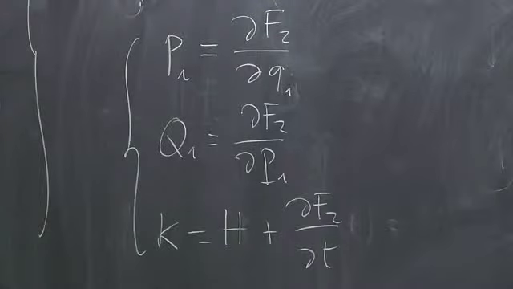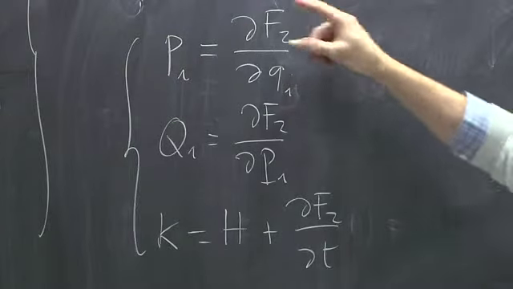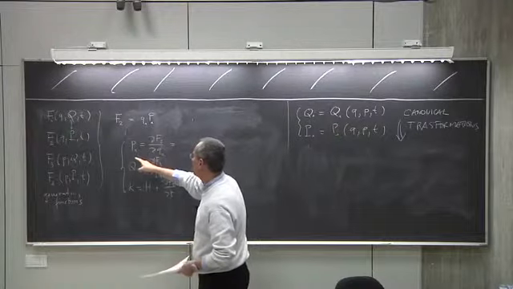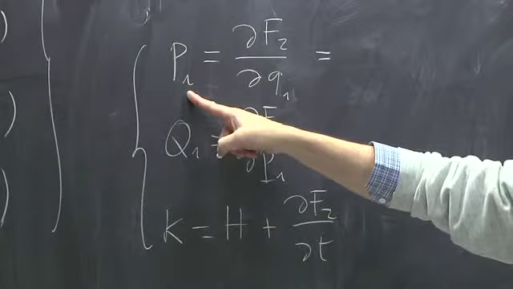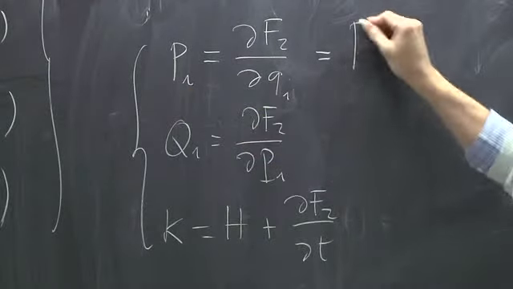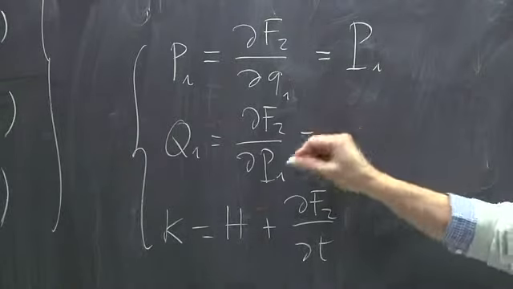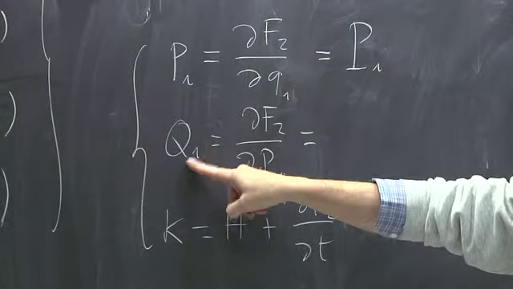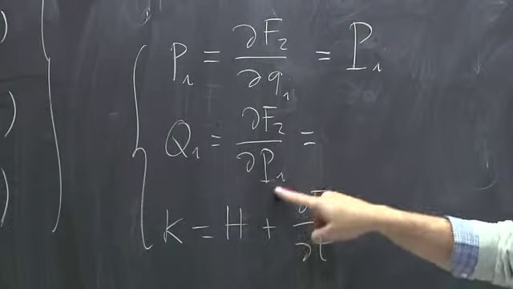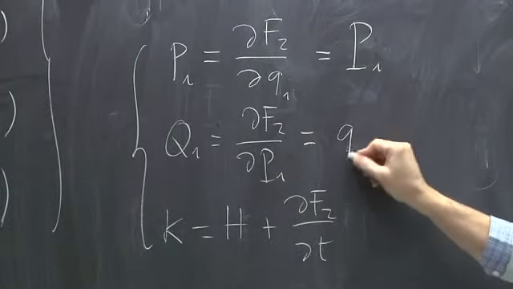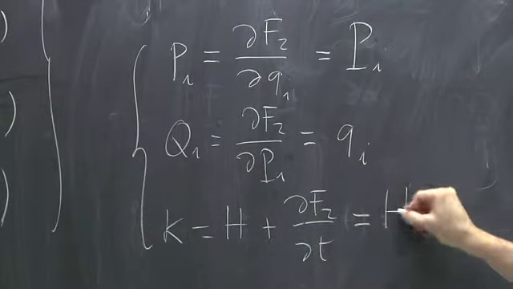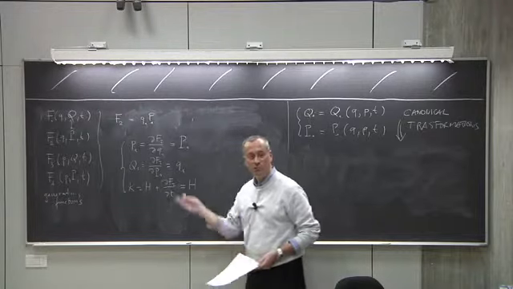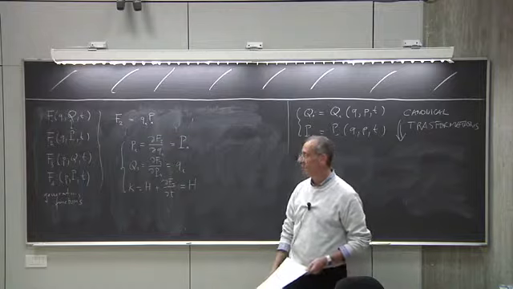Now, so if F2 is equal to that, what is big Pi? What is big Qi? And what is K? H. So what transformation is this?